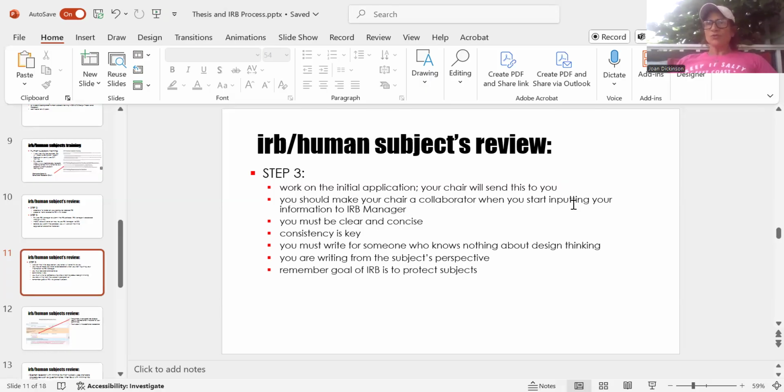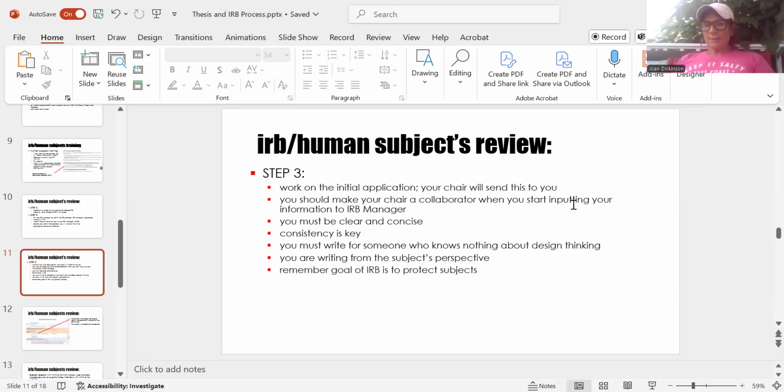The person who's going to read your IRB application is looking at this through the lens of human subject protection, human subject ethics, okay? So they're looking to see, are you treating your human subjects ethically? Are you treating them fairly? What touch points are you having with your human subjects? That's the lens that they're going to be looking at this through.